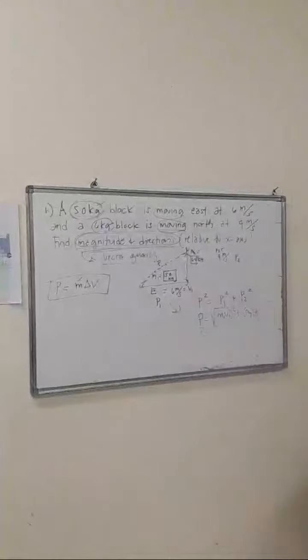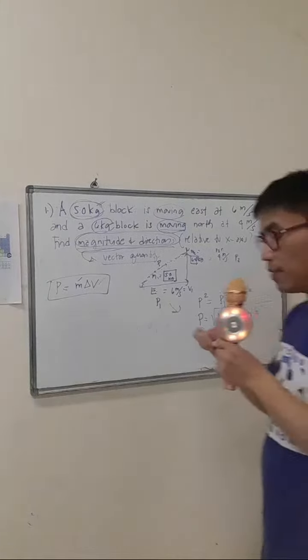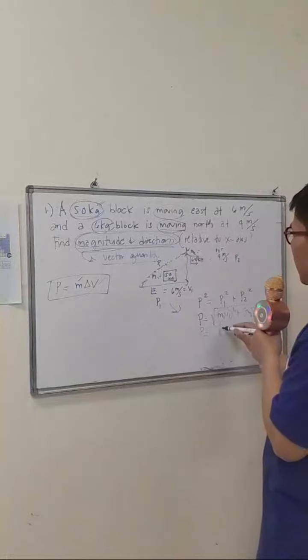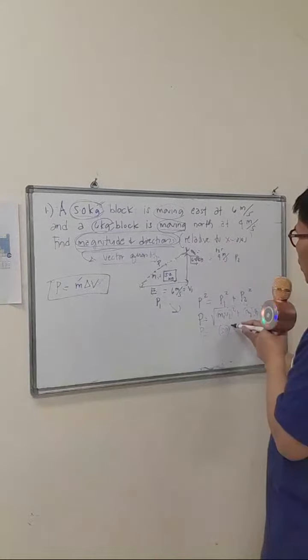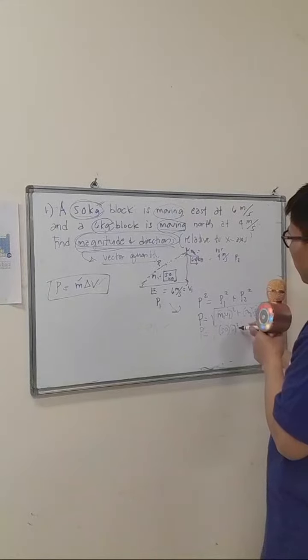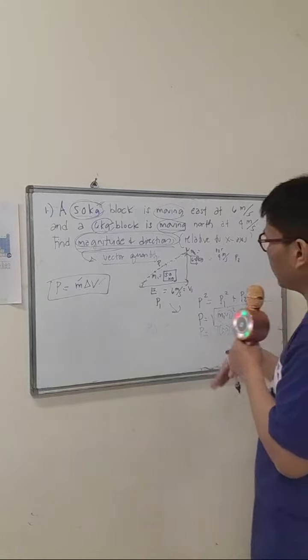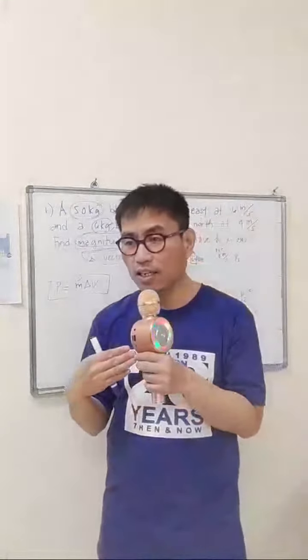I have. And if not, you need to solve or formulate other equations. So mass 1 is 5, and then the initial velocity 6 raised to the power 2.